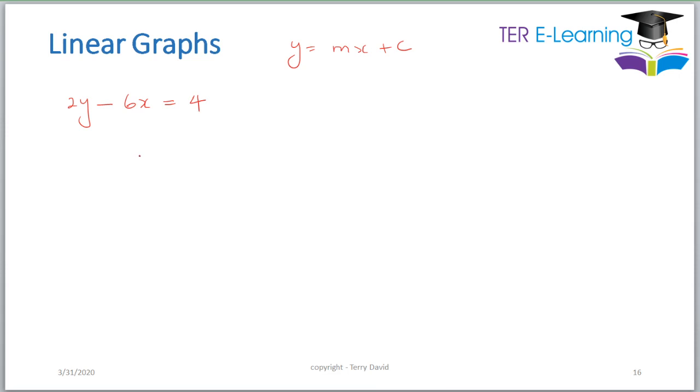So I have an equation here. I am telling you it represents a straight line. 2y minus 6x equals 4. I want to know what my gradient is, and what my y-intercept is. Let's make it a little more interesting now. Let me see what you all do.